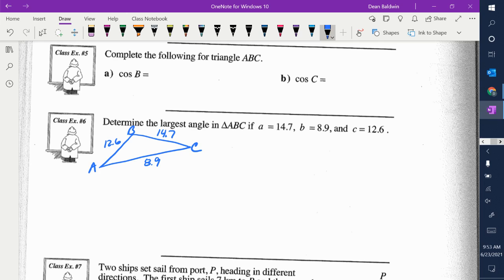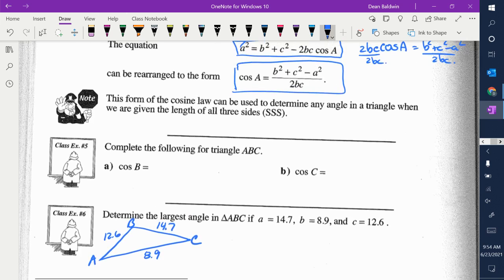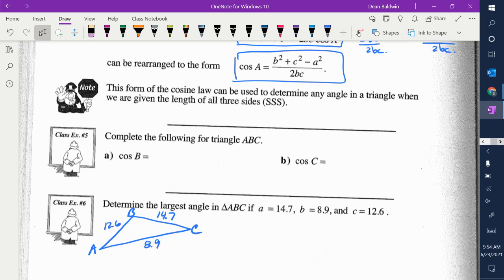Find the largest angle. Basically, find all the angles is what it's saying. So we need to pick an angle to find first. What angle do you want to find first? A. That would make sense since our equation is written in A. We're finding an angle, so we're going to use cos of A. So it's cos A equals b squared plus c squared minus a squared over 2bc.